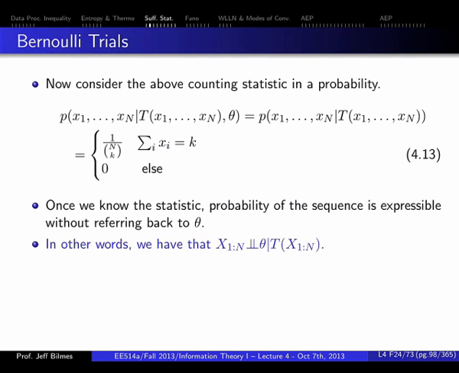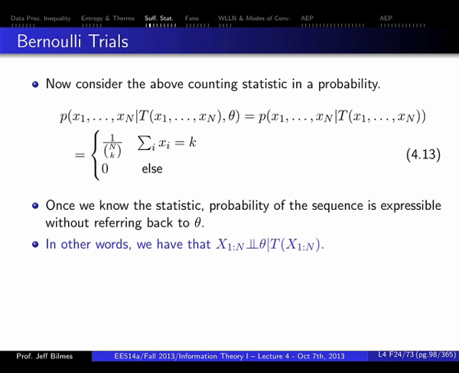In other words, we can write this as a conditional independence statement. We can say that the sample is independent of the parameter given the statistic. This is sort of thinking of it in a Bayesian framework, where the parameter is itself a random variable, rather than a constant. But that's okay. You can think of there being some distribution over the parameters, and we first sample from that distribution to get a bias, and then we flip the coin some number of times.